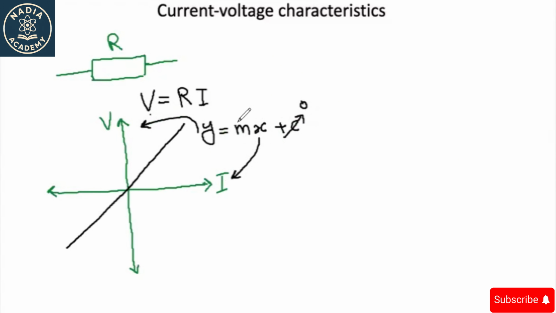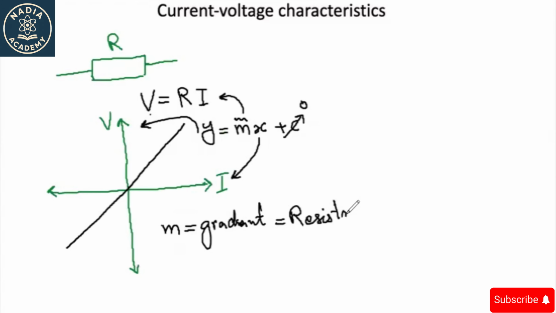Now if we compare these two equations, m, which is the gradient of this graph, is actually the resistance.